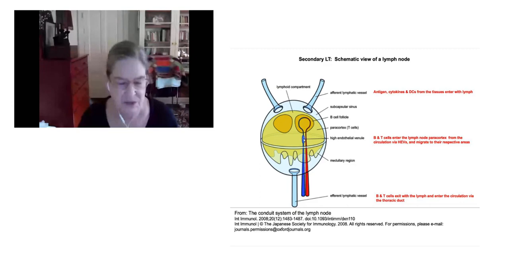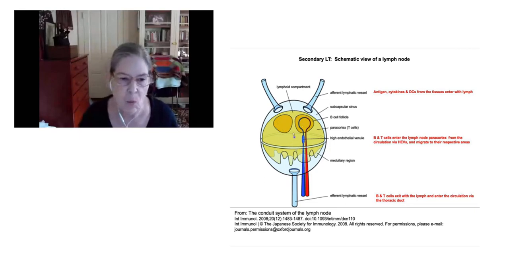The vein gets bigger down here, and the cells lining your entire vascular system, lymphatics and blood vessels, are called endothelial cells. They're the inside lining, and they're slightly different here. They're called high endothelial cells because they're just taller than regular endothelial cells, and they have markers on them that B cells recognize, and T cells, and they will leave and enter this tissue. The B cells will go into the cortical area, the T cells will go in the paracortical area.